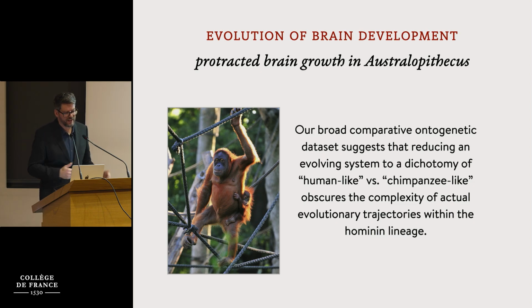So our suggestion is that maybe this is also something that's evolving within the hominin lineage and not just something that evolved once and was there to stay. And I think it's important to emphasize that the dichotomy chimp-like versus human-like is not enough to capture the complexity of hominids and probably also not of hominins.